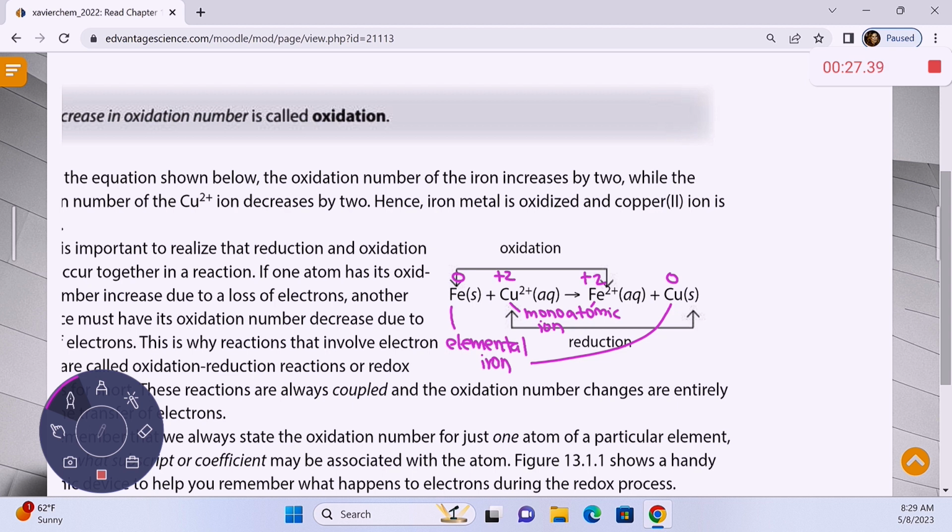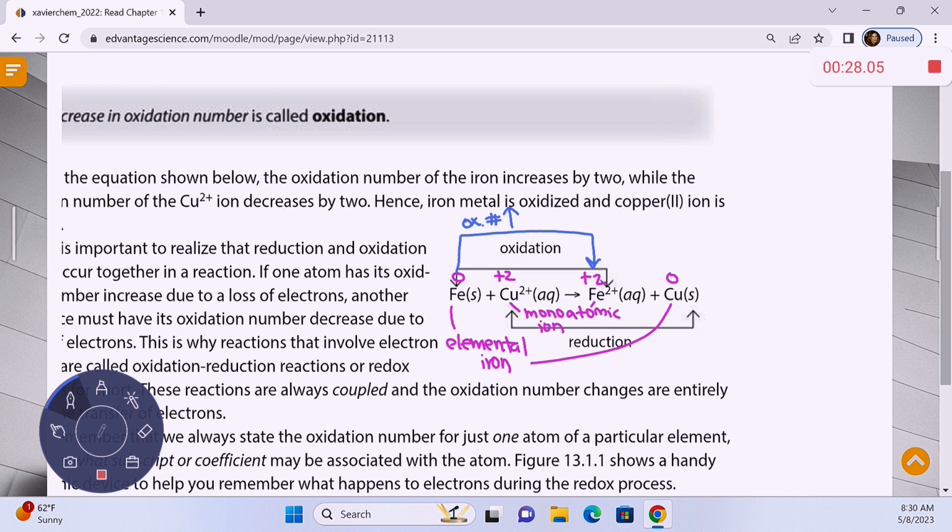Then you're going to partner up this Fe with Fe plus 2 on the right, and we read them from left to right. So if you're going from a 0 to a plus 2 oxidation number, the oxidation number is increasing. So I'm just going to write that the oxidation number went up.